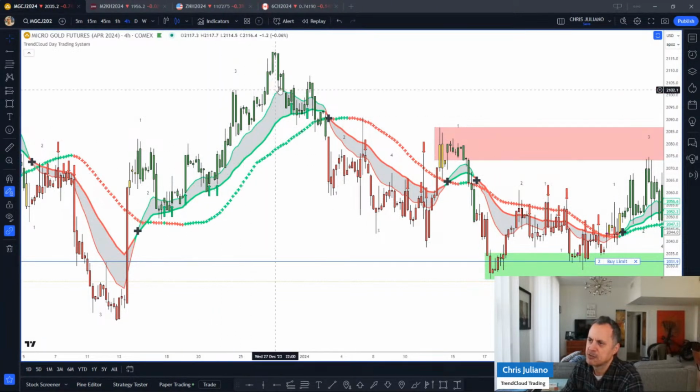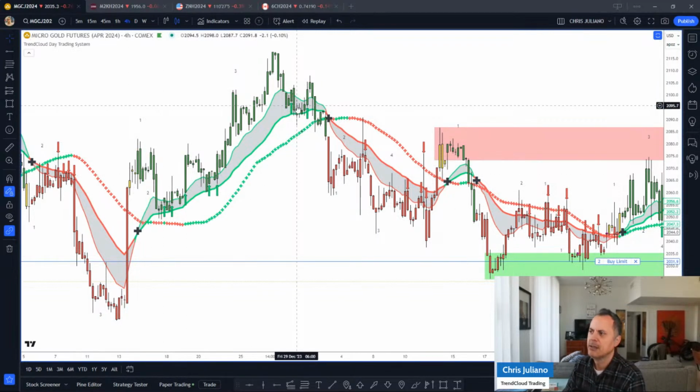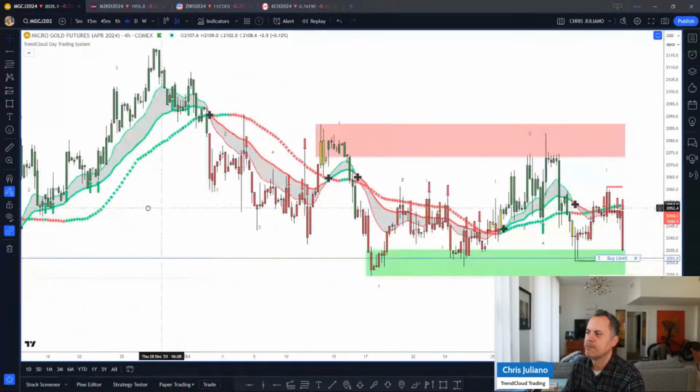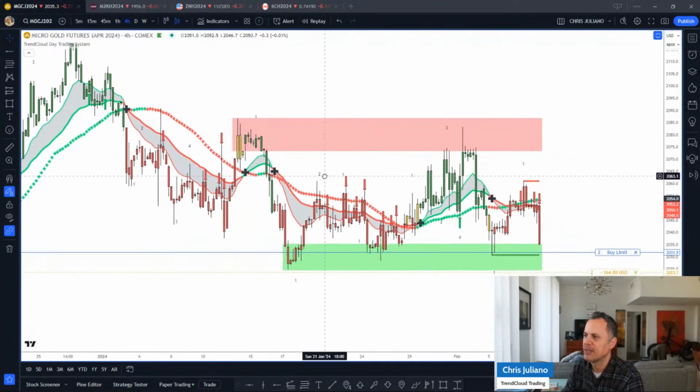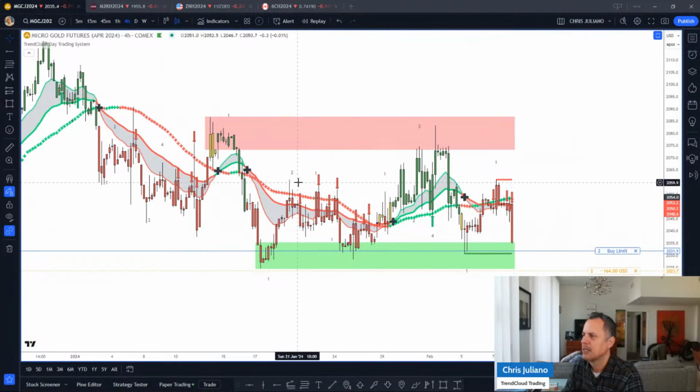And it follows the trend, right? This is a trend-following technique. Well, in a sideways movement, it doesn't work. So you have to use other methods, and it's actually much simpler.